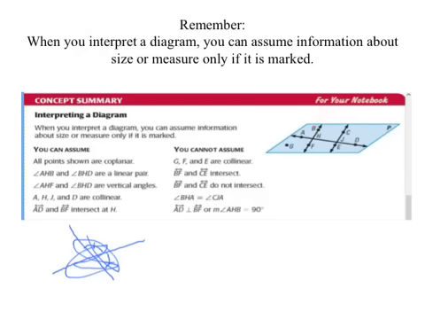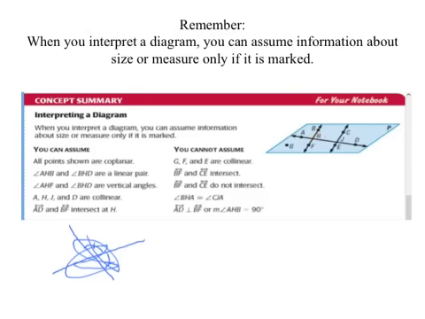You can assume AHF and BHD are vertical angles. You can assume that A, H, J, and D are collinear because they're on one line. You can assume AD and BF intersect at H.